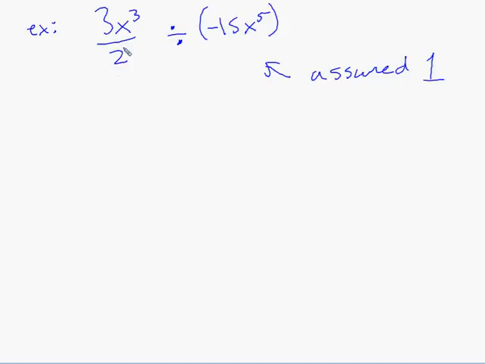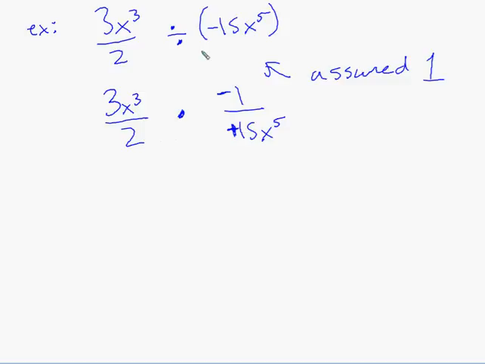So, nothing to factor on any of these. So keep. Flip this one. So 1 over negative 15x to the 5th. I could leave the negative in the numerator if I want. And actually, I will do that. I'll just leave it in the numerator. And change to multiplication. Now I can cross cancel.